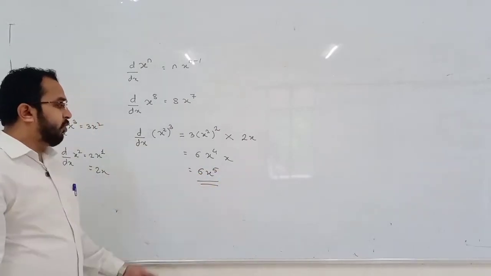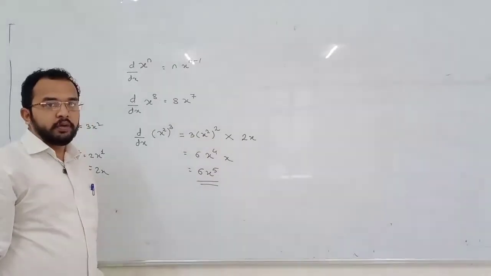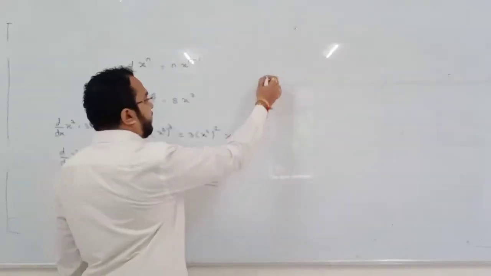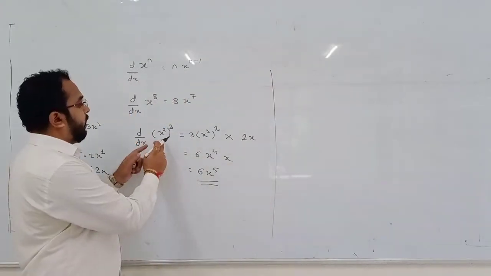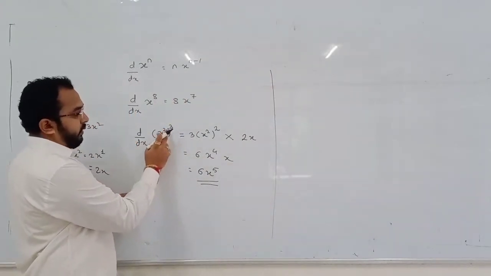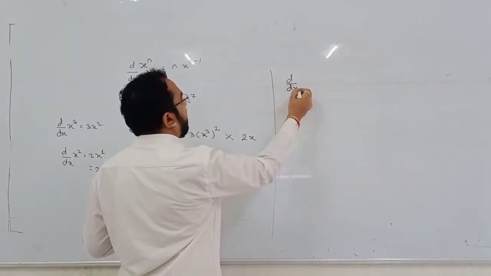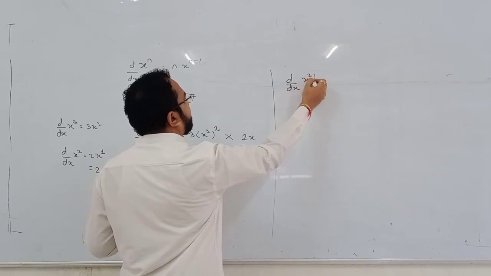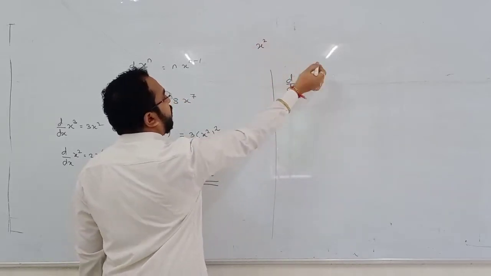Let's see whether our answer is right or wrong. This is called chain rule. Here it is d by dx of x square to the power 3. What is meant by x square to the power 3?